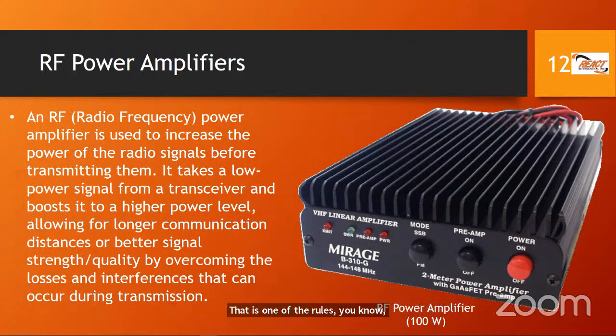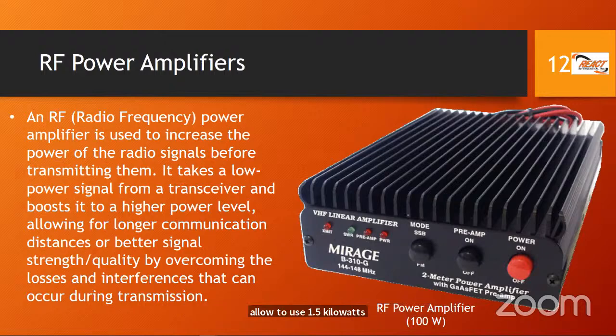But sometimes we do need to drive a lot more power to make that contact. So sometimes our radio has a certain output. It might be 5 watts, it might be 1 watt, it might be 100 watts. And we may desire to have a higher output power. So if our radio is capable of 100 watts, legally on the HF band, many of the frequency ranges allow us to use 1.5 kilowatts.